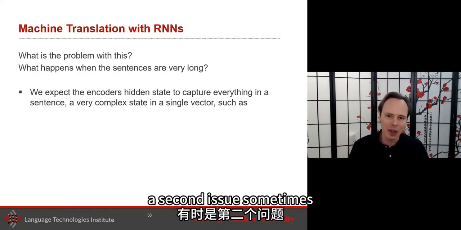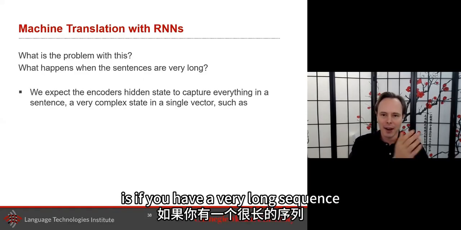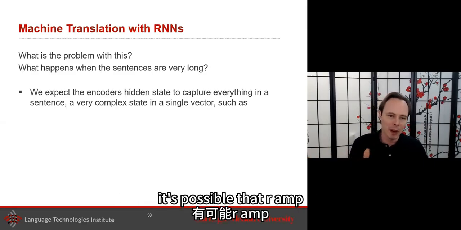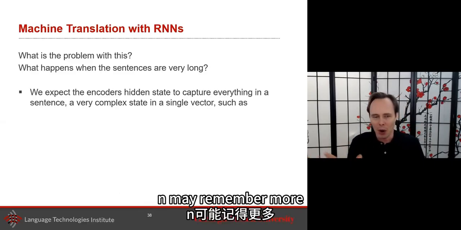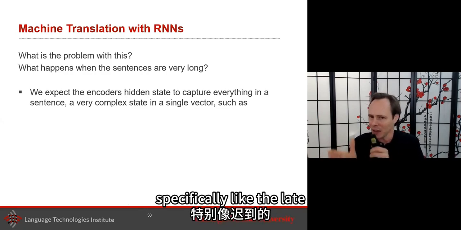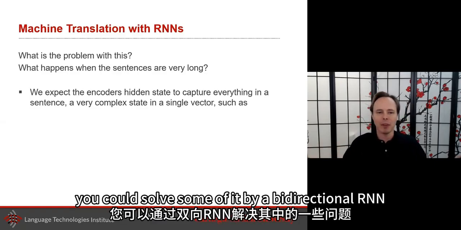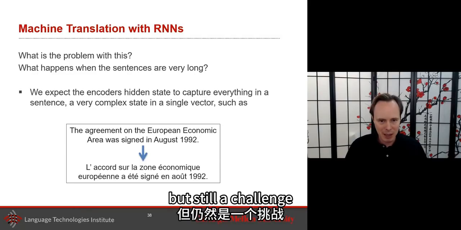A second issue is that with a very long sequence, the RNN may remember certain parts of the sentence more, specifically the late part. You could solve some of it with a bidirectional RNN, but it is still a challenge.